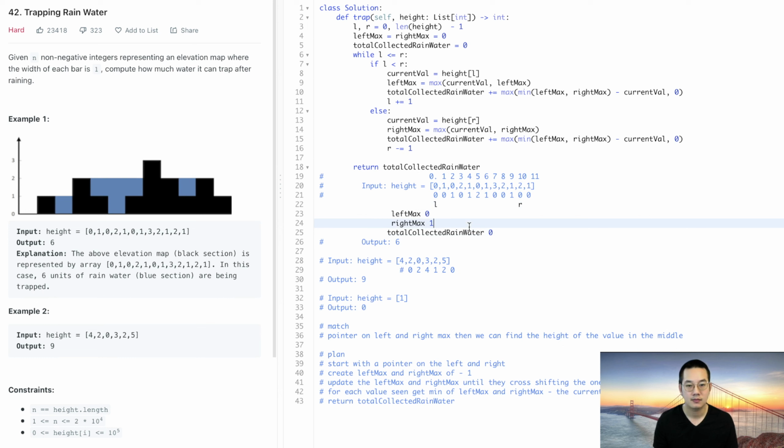Because if we iterate the lower item, then we can go until we move the higher item, then we can learn something new. Because currently what we're doing is we're losing information. Because we're iterating the higher item, we don't know what's going to happen to the lower item in the future.